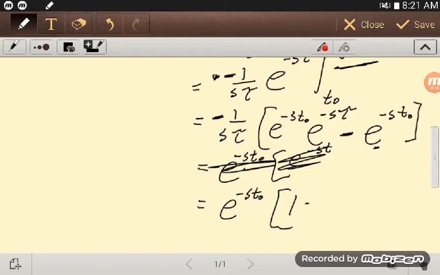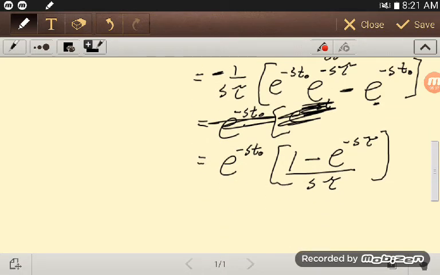And then here I have a minus e to the minus s tau for this term here. Okay, and that's all divided by the s tau. And so that's what I get for this Laplace transform of d tau of t minus t0.